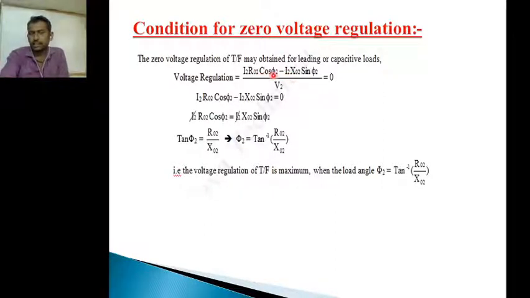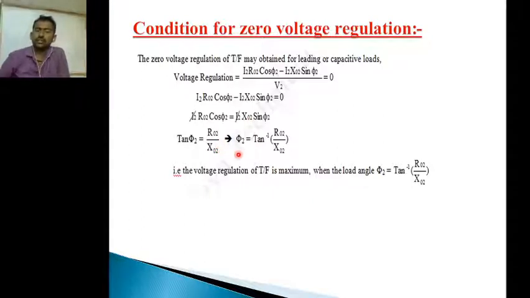Then (I2 into R02 cos phi 2 minus I2 into X02 into sin phi 2) by V2 is equal to 0. That means zero voltage regulation. Then I2 R02 cos phi 2 is equal to I2 X02 sin phi 2. I2 cancels, then tan phi 2 equals R02 by X02.